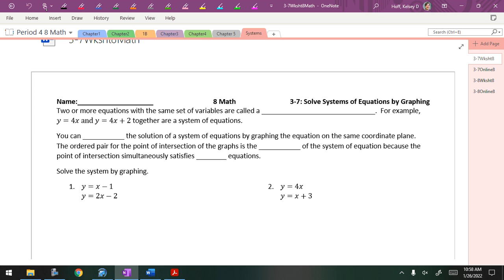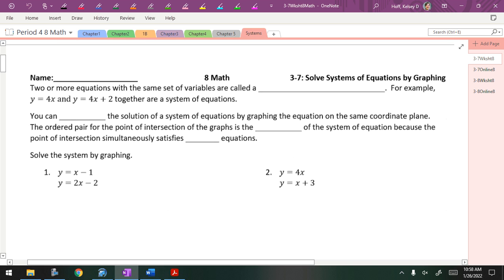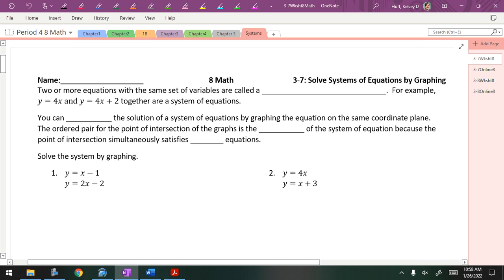So what happens is we have 2 or more equations that have the same sets of variables, and they're called a system of equations.